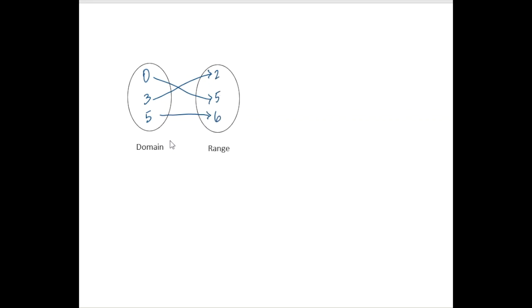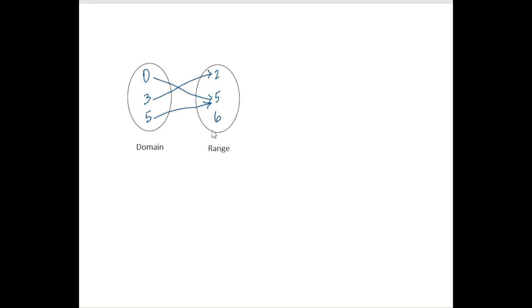But you could assign two inputs to the same output. For example, we could have the input 0 and the input 5 both assigned or mapped to the output of 5. This would still satisfy the definition of a function, because each input is mapped to exactly one output.